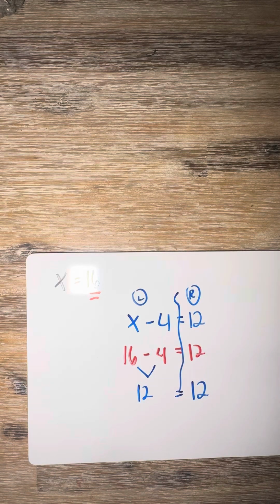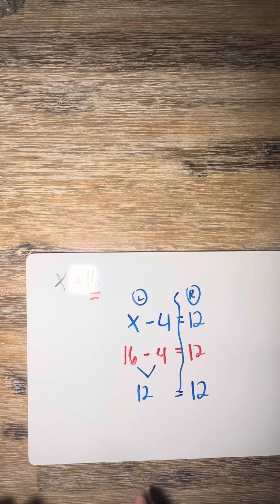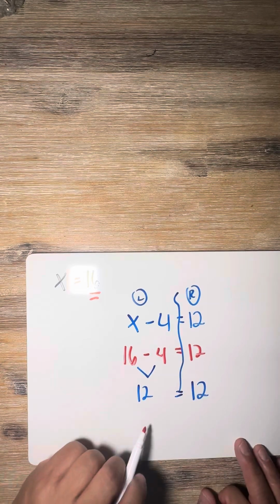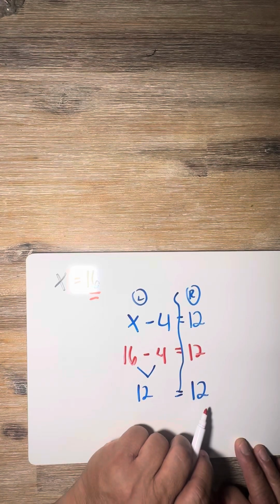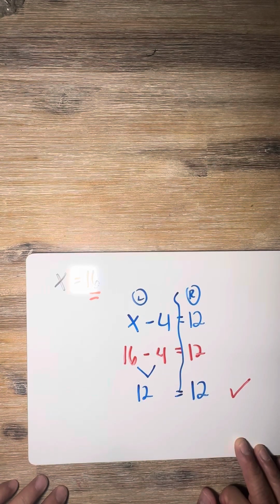And if x truly is 16, then the left side of the equal sign and the right side of the equal sign must be exactly the same. 12 on the left, 12 on the right, so therefore x is truly 16.